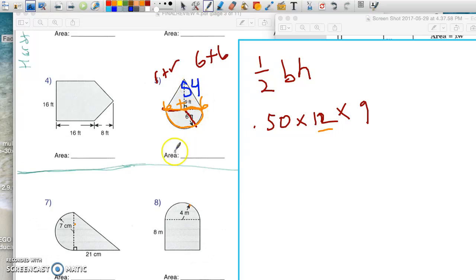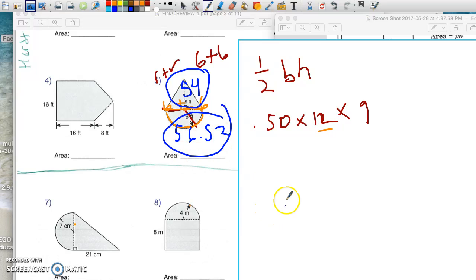This was 54 for the triangle, and this part of the circle, if we go back and remember, was 56.52. Okay, so we're going to add the 54 with the 56.52 in order to get the area of the triangle in that half circle. And so our answer would be 110.52. Voila.